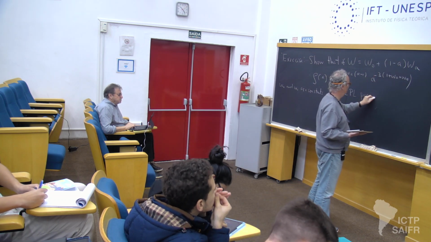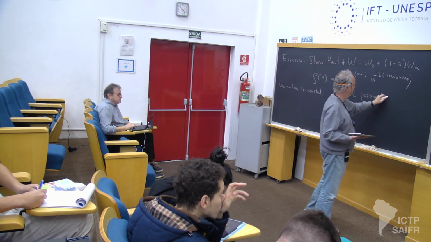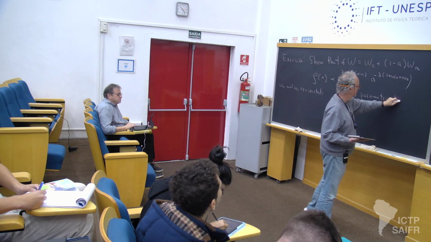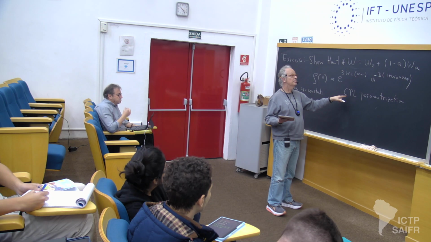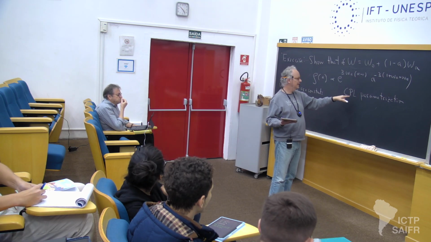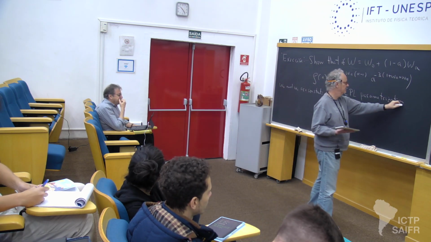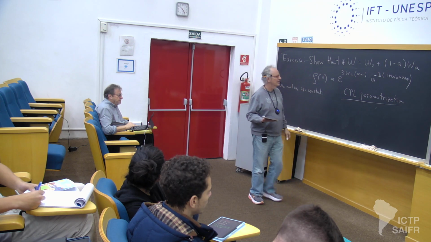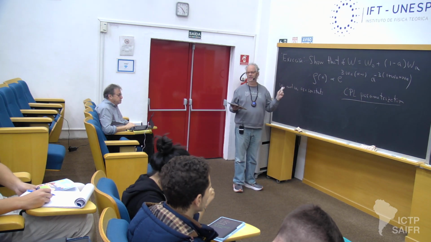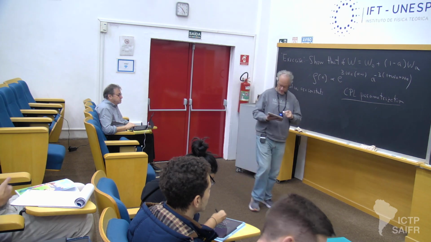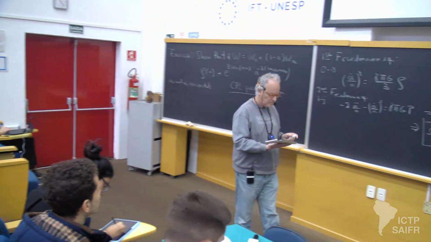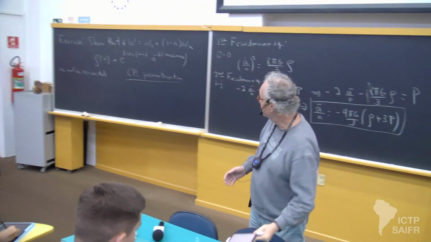If you look at the literature, Chevallier, Polarski, Linder parametrization. That's what CPL is. And this is used to parameterize dark energy, okay? Just for you to know. All right.